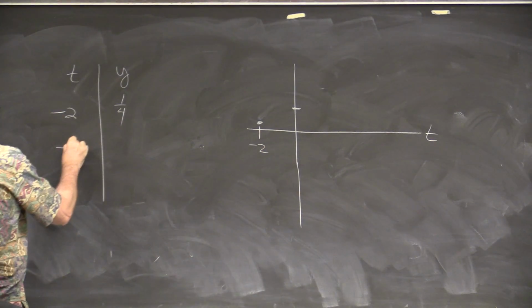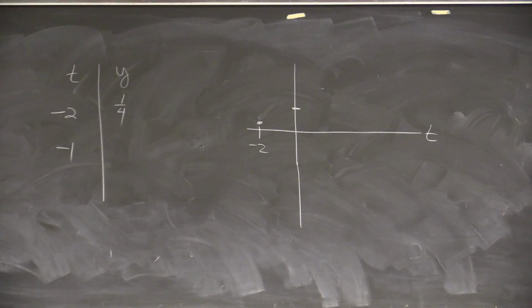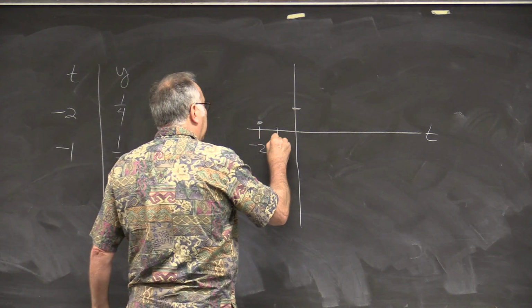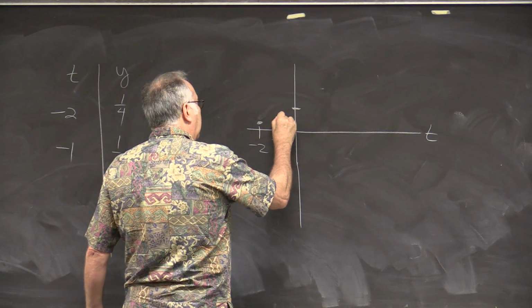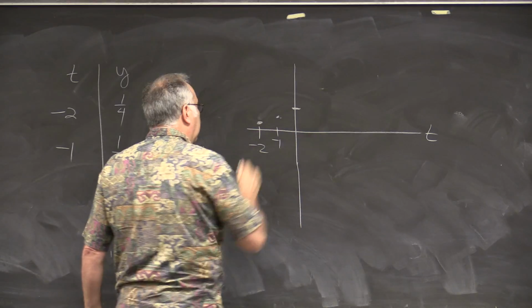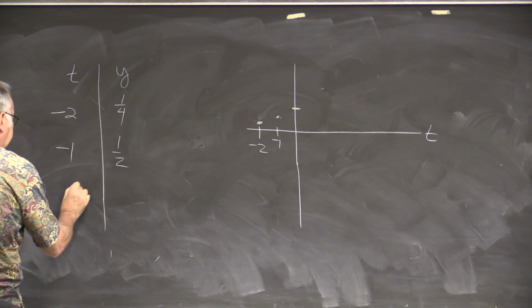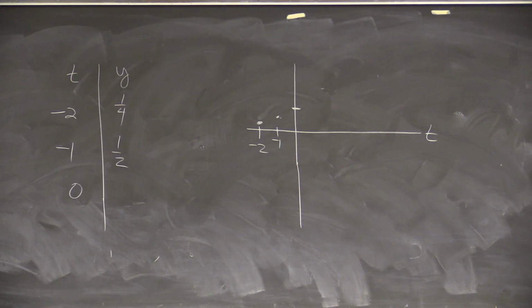Suppose t is minus 1, then what will y be? 1/2. 2 to the minus 1 is 1 over 2, or 1/2. How about t equals 0? 1. Yes. 2 raised to the 0 power, any number raised to the 0 power is going to be 1.